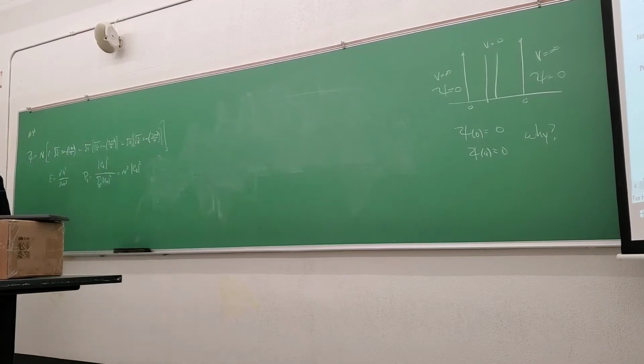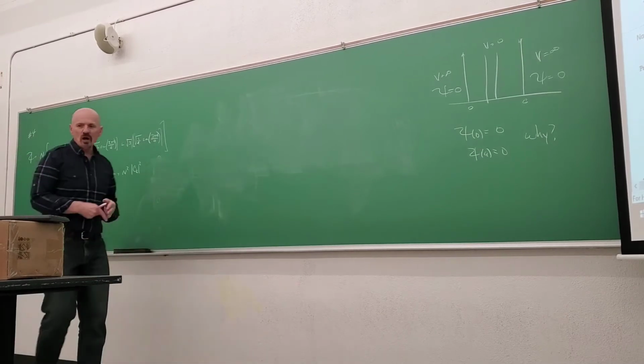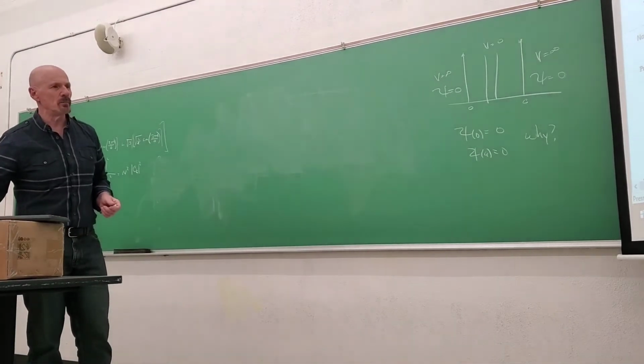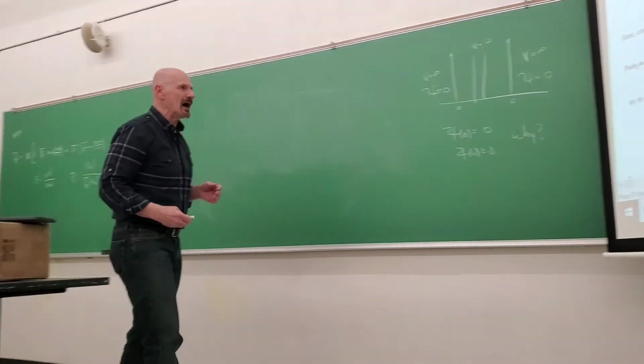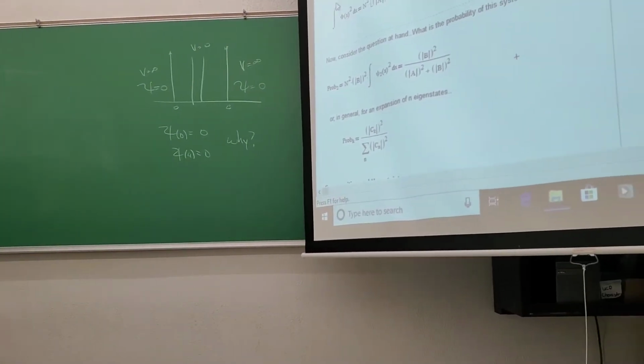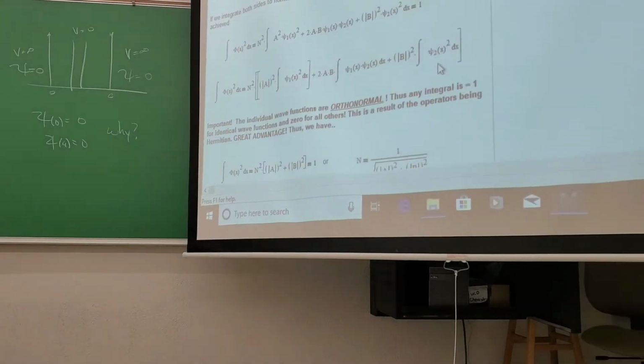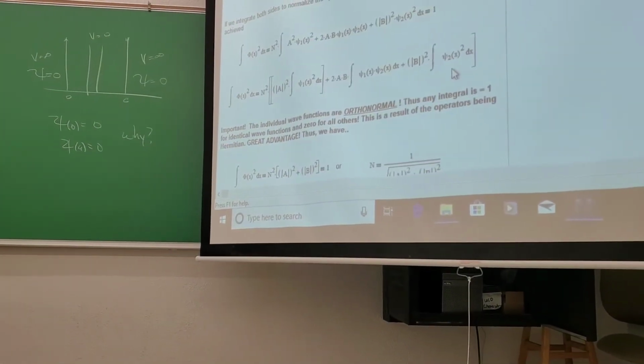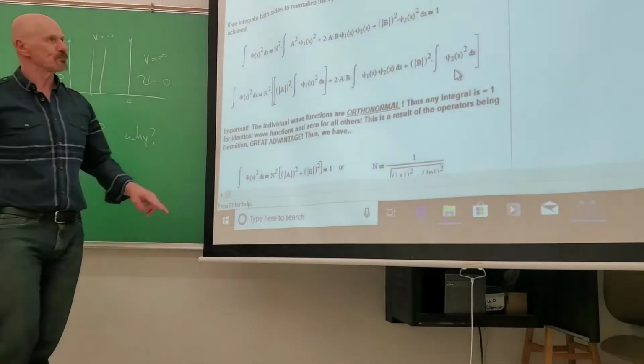The first thing we need to do is to find out what the new normalization constant is. To do that, I refer you back to the notes on pages 8 and 9. Notice that here in 8 and 9, I added 2 states, not 3.